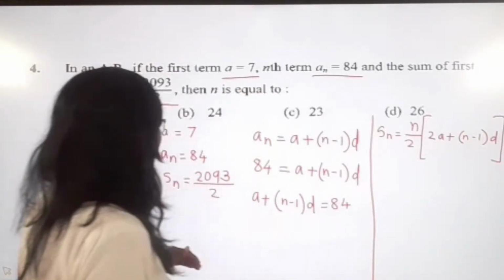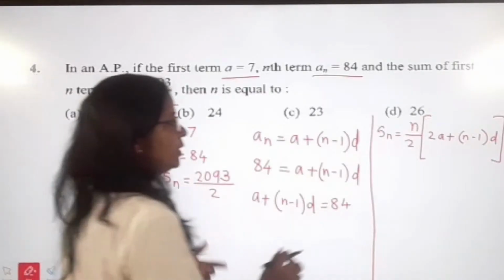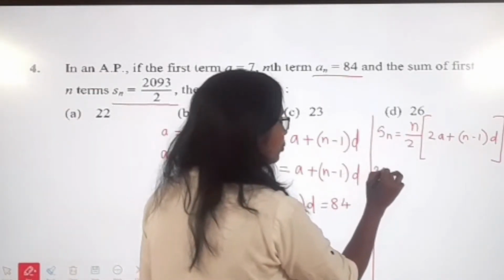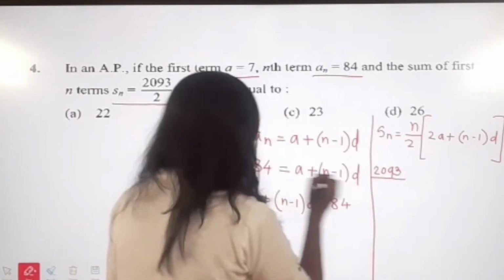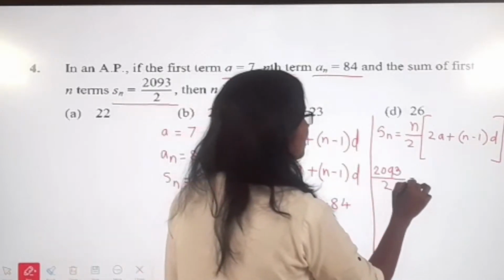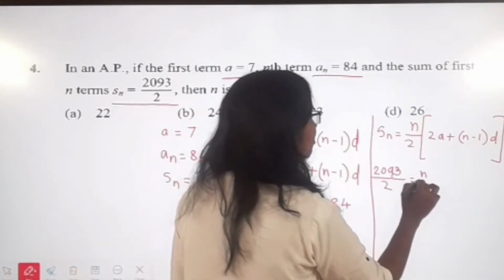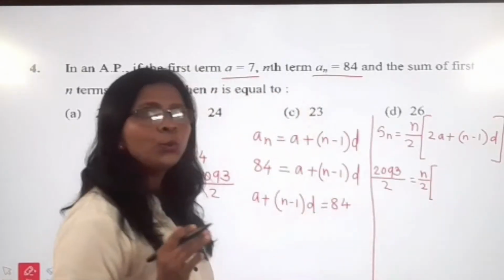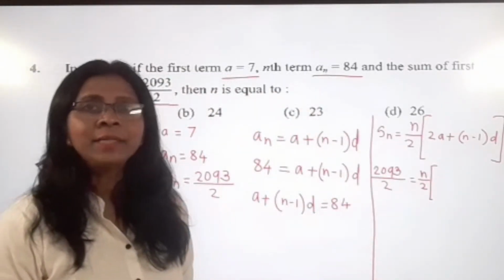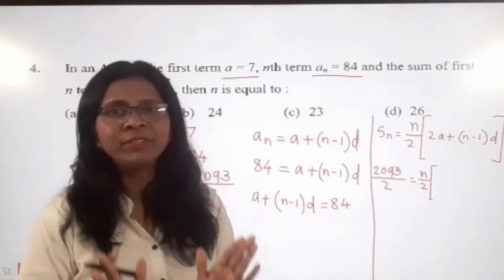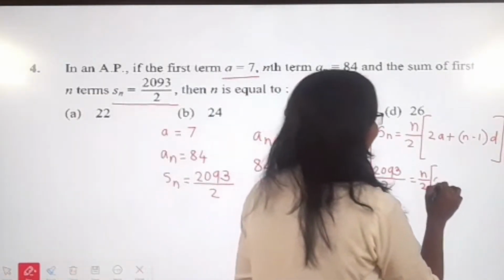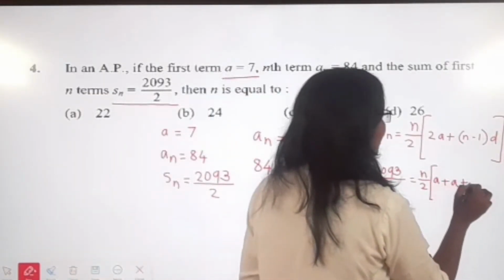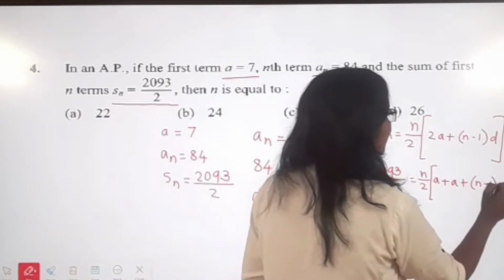Now Sn is given, and Sn is 2093 upon 2, which is equal to n upon 2 in the bracket 2a, that means we bifurcate this, a plus n minus 1 d.